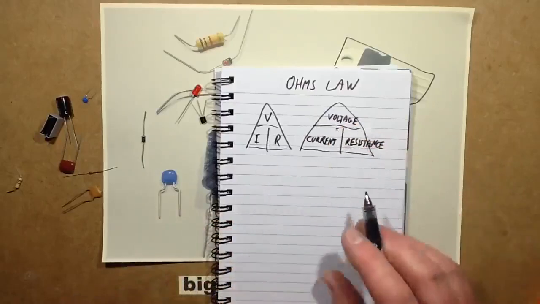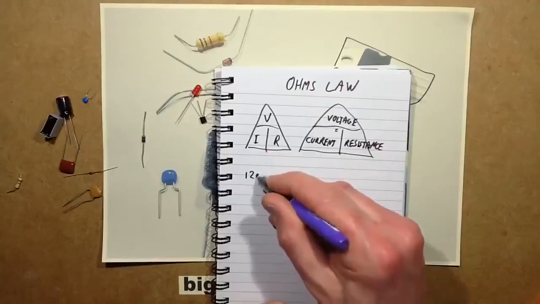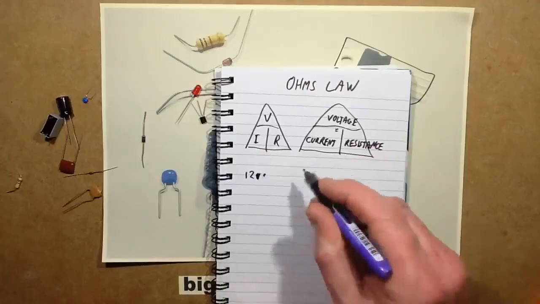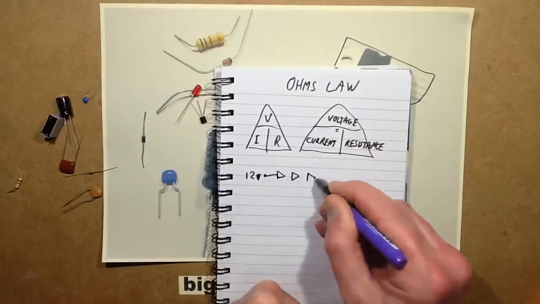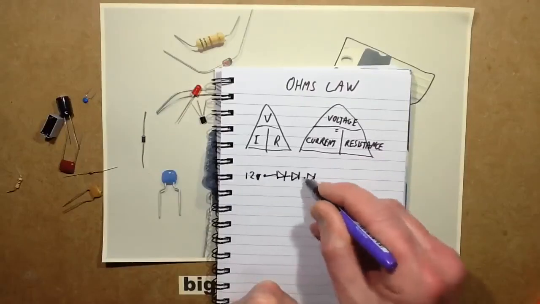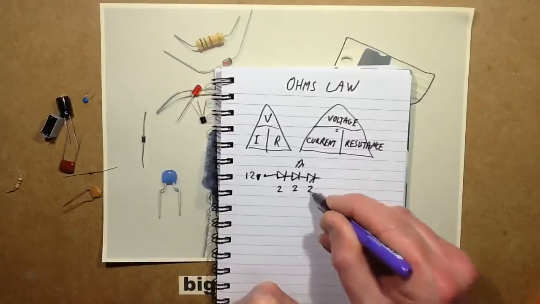And an application of this would be, supposing you had a 12 volt supply and you had 3 LEDs. So there's the 3 LEDs, and each one is dropping about 2 volts each.